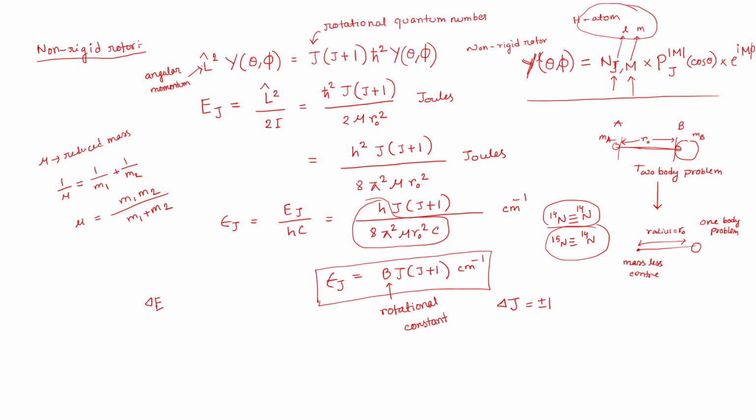So delta E is the energy difference between J plus 1 and J, or you can take the energy of J minus the energy of J minus 1. This actually comes as 2B into J plus 1, in centimeter inverse.